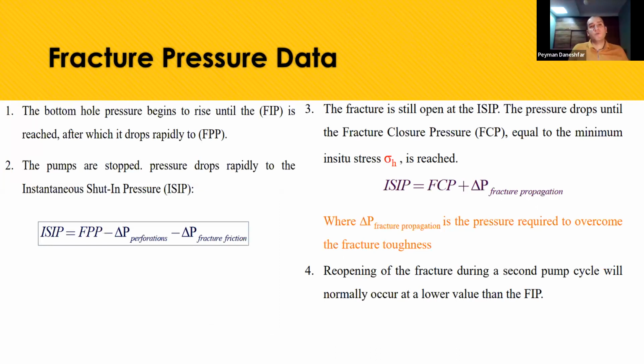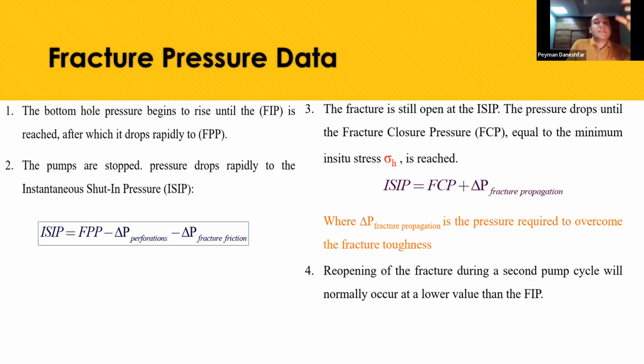This is the bottom hole pressure. When we inject the fluid, our bottom hole pressure begins to rise until the fracture initiation pressure. After that, it drops rapidly to the fracture propagation pressure, and the pump is stopped and the pressure drops rapidly to the instantaneous shut-in pressure.